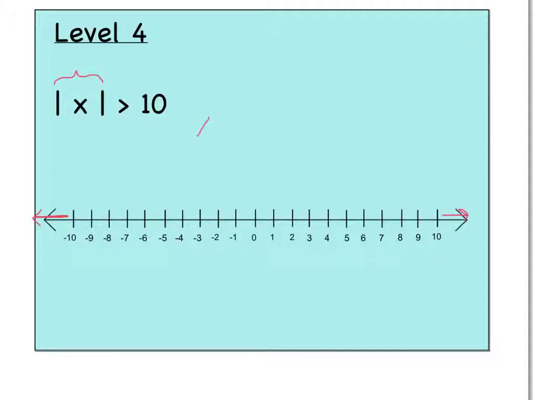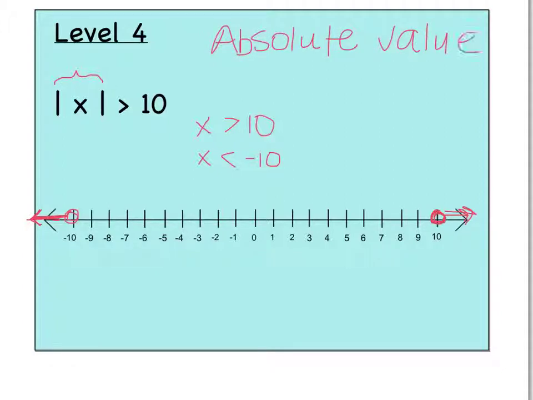So x has to be greater than a positive 10, and x has to be less than a negative 10, because every number on the number line from this 10 over to the right has a distance from 0, remember absolute value is distance from 0, greater than 10. Over here also has a distance from 0 that's greater than 10. So this one is a basic one, but remember, anytime you have absolute value, you have to have two solutions. Some of you forgot that on the Chapter B quizzes and tests.